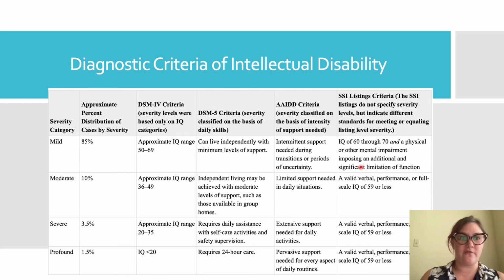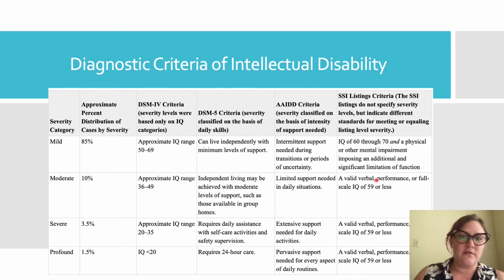But you'll find that there are really two specifiers here. There's mild and then there is not mild. And when it's mild, it is based on IQ, and it is people who are at maybe a borderline intellectual disability, and their IQ can be between 60 and 70.